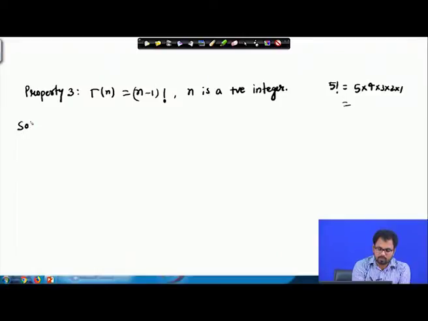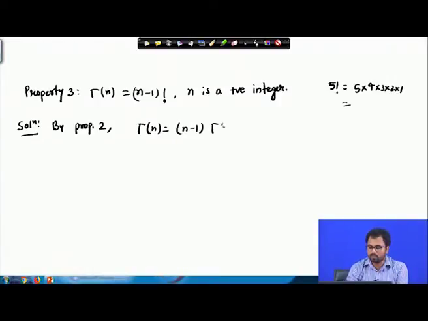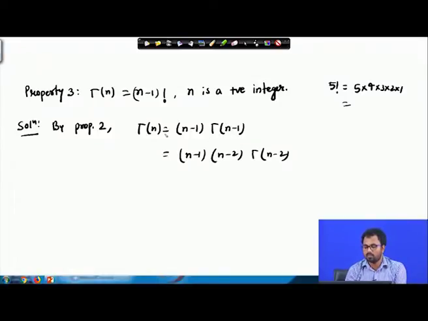This is very straightforward to see. So, by property 2, we have gamma n equals n minus 1 times gamma n minus 1. Now, I use this iterative formula to write gamma n minus 1 as n minus 2 times gamma n minus 2. So, the formula for gamma n minus 1 can be replaced with a formula of this type, and that is what I am doing.